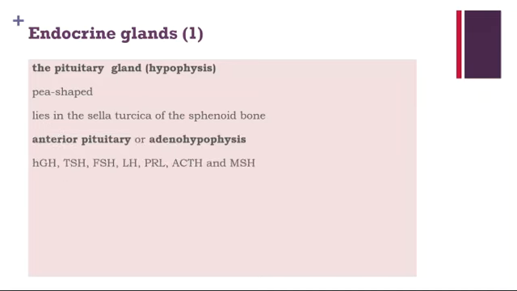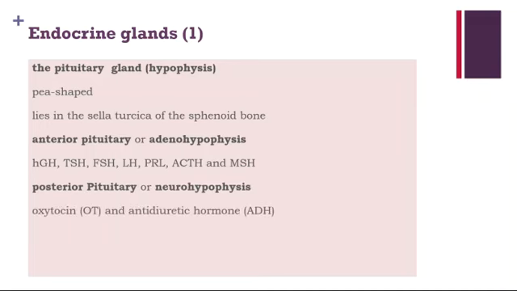It has two separate portions, the anterior pituitary or adenohypophysis, which accounts for about 75% of total weight of the gland, and the posterior pituitary or neurohypophysis.